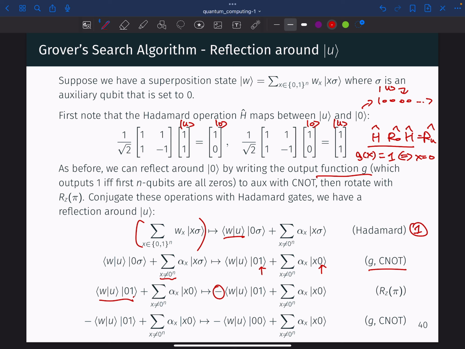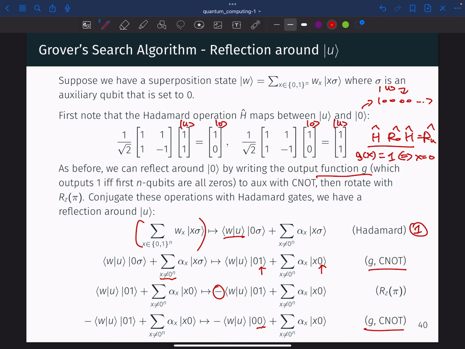Then we can again do the same thing, clearing the auxiliary bit by applying G and C naught again. Notice that the auxiliary bit for the first part is cleared. And then we can do the second Hadamard, which I'm not writing here. Basically, this procedure performs H R0 H, which is equivalent to doing reflection around U.